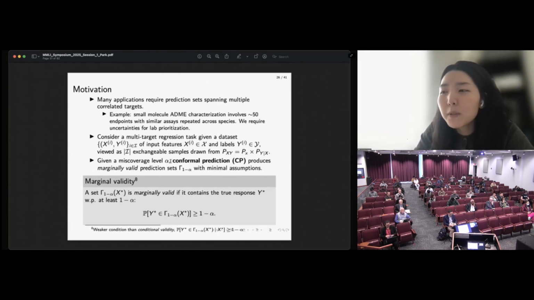Then the conformal procedure yields the prediction set gamma for a test molecule X star that satisfies an important property called marginal validity. Marginal validity basically says that gamma contains the true Y star with probability at least 1 minus alpha. And we'll assume alpha is 0.1 throughout the talk unless I indicate otherwise.